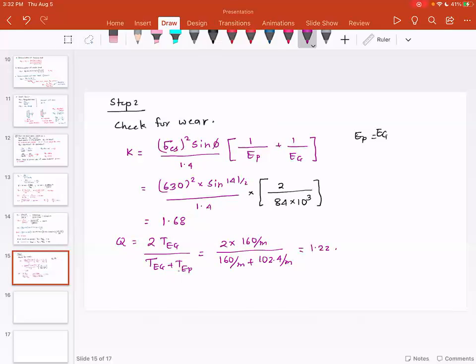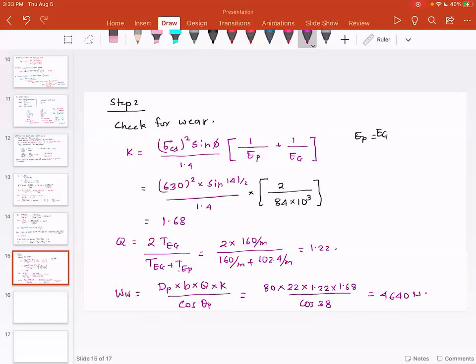And the last part is determination of Ww, which is dP times B times Q times K divided by cosine of theta P. 80 times 22 times 1.22 times 1.68 divided by cosine of 38. That gives us 4640 newtons.